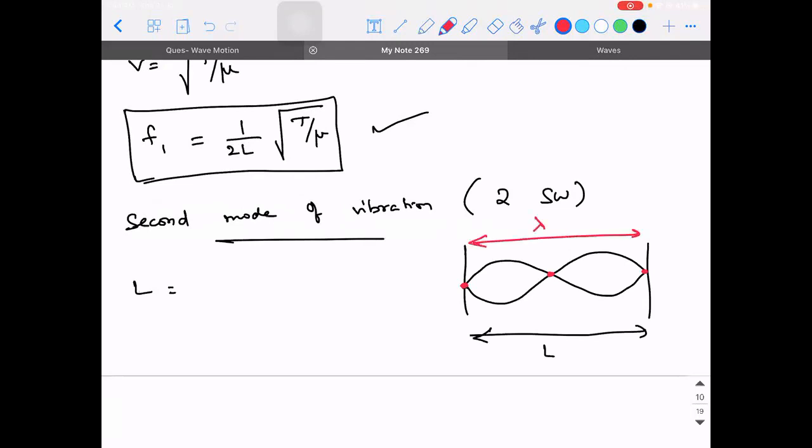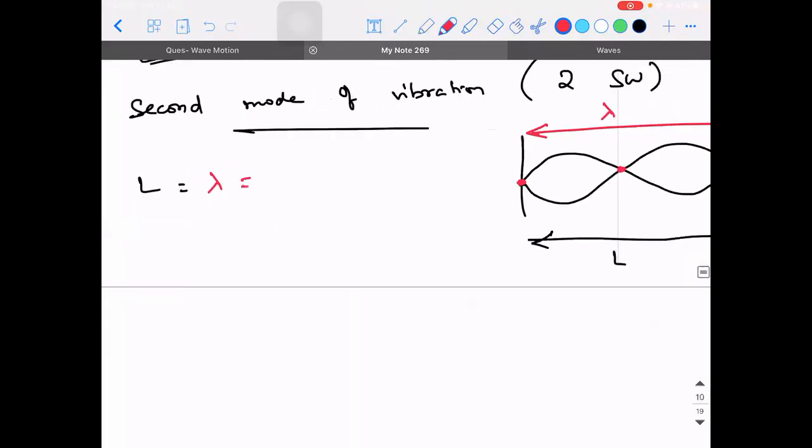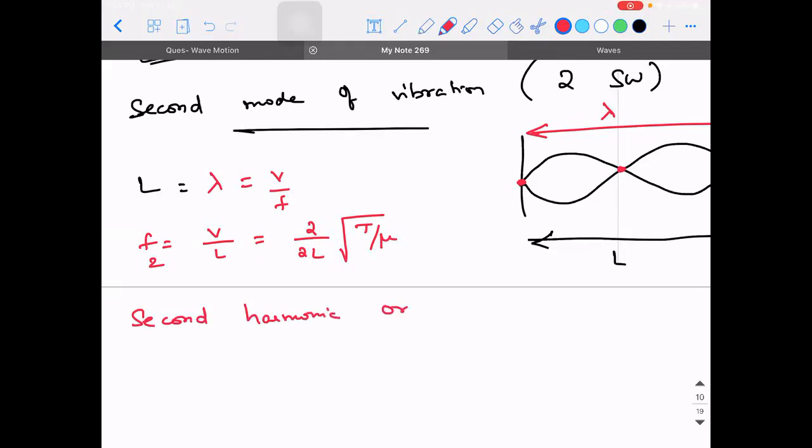Is it not lambda? So L is equal to lambda. But lambda is V divided by F, so F will be equal to V divided by L. I will write it as 2 divided by 2L into V. V is nothing but root of T by mu. This is F2. What will be the name of this frequency? It's called the second harmonic, or the first overtone. Please make a note of this point.